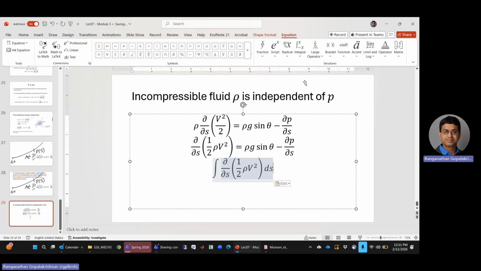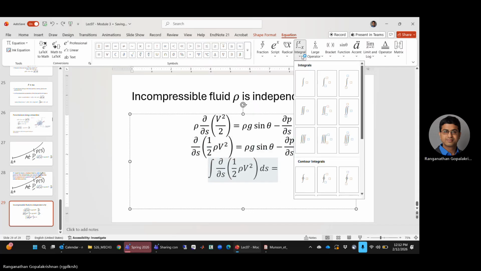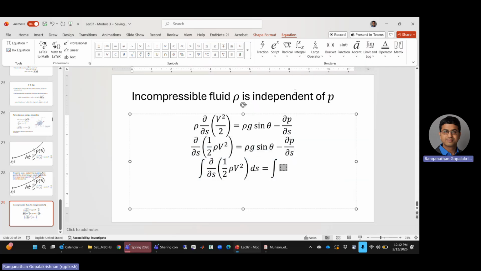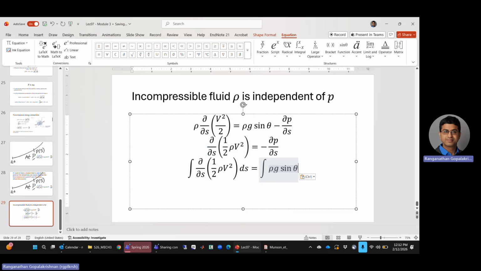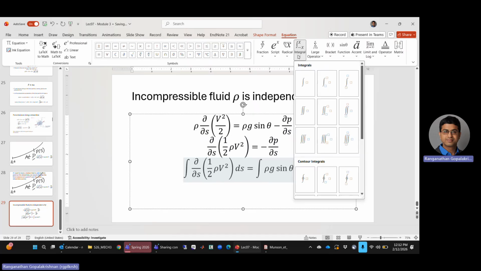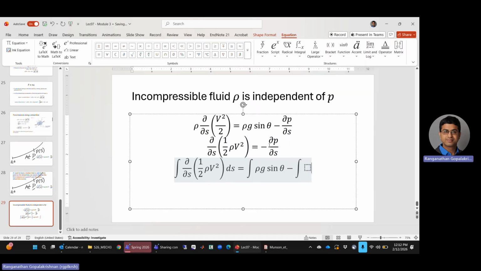This is equal to the integral of rho g sine theta, equal to minus the integral of the partial derivative of p with respect to s ds.